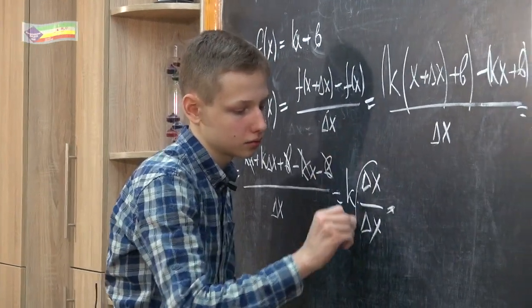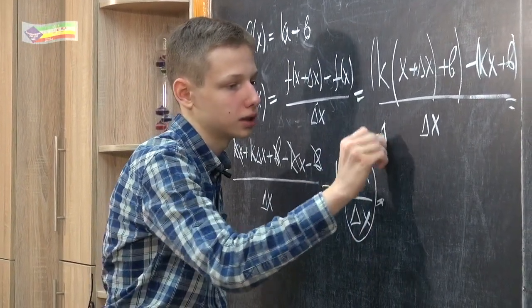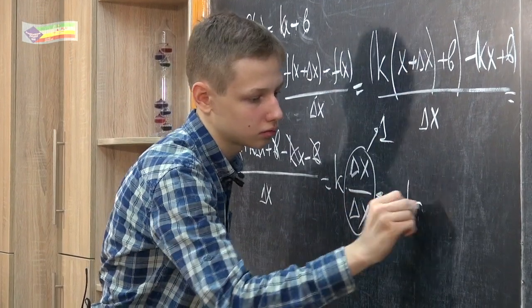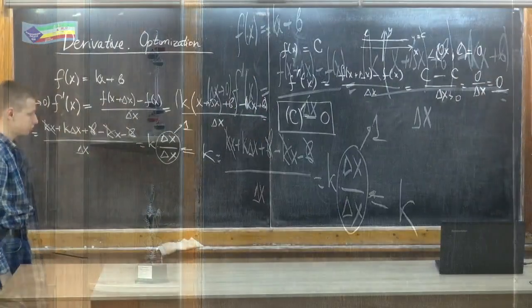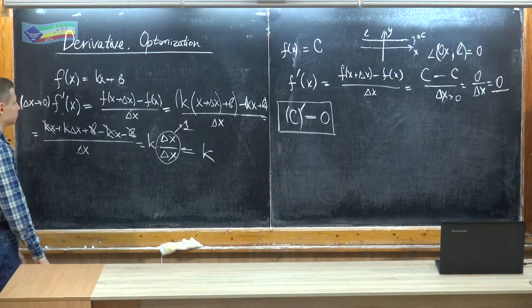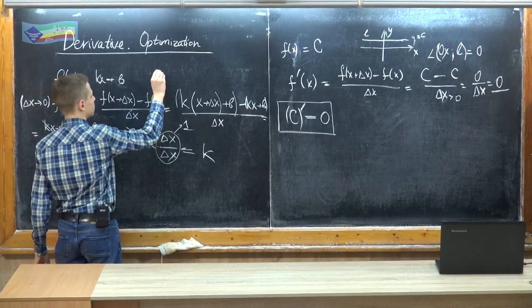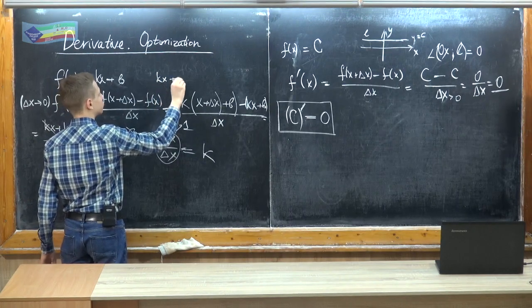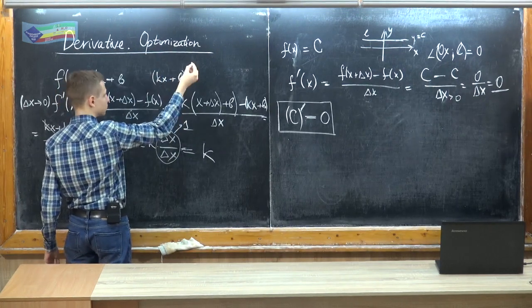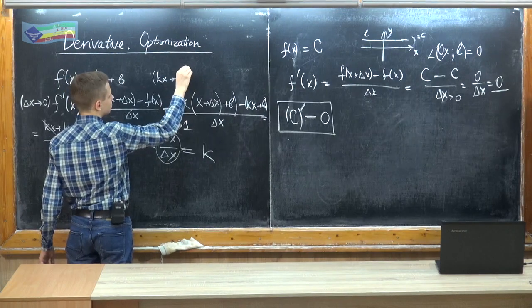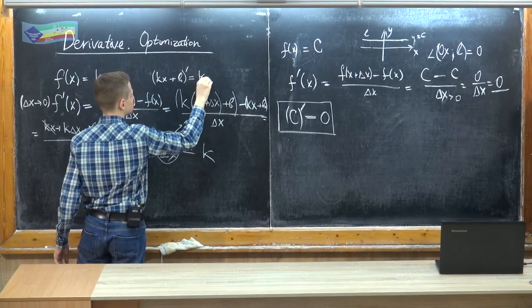So this is equal to 1, k. And that means that we can write that for a linear function, our derivative is equal to k.